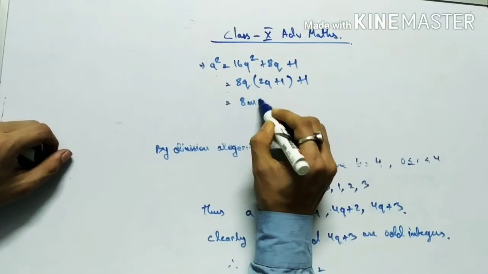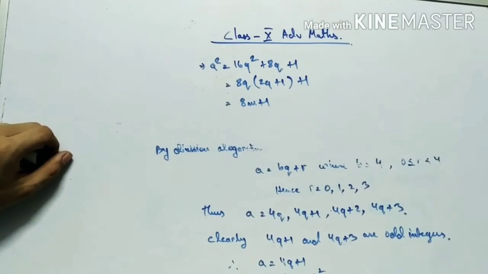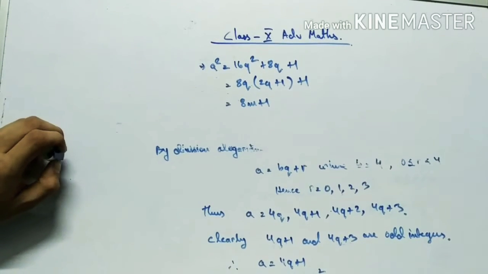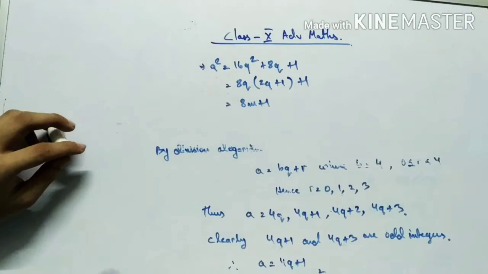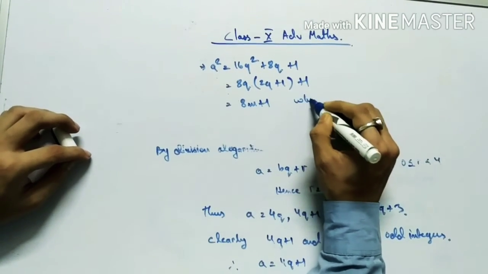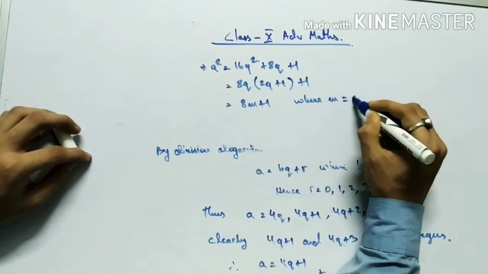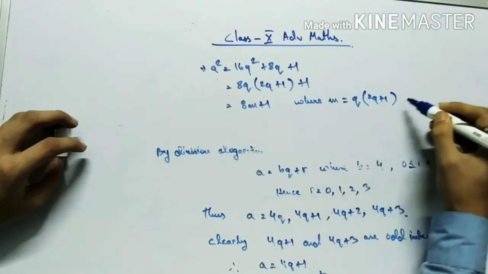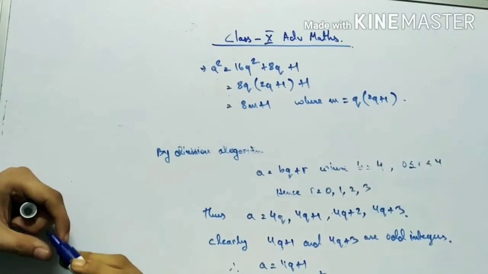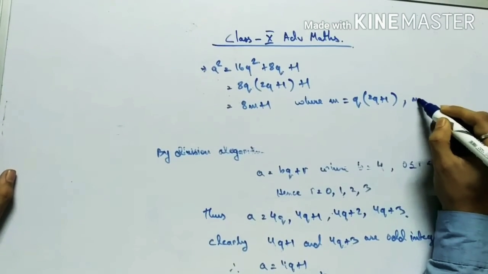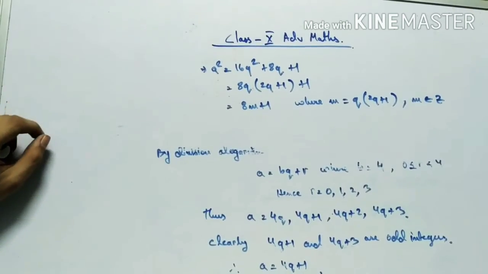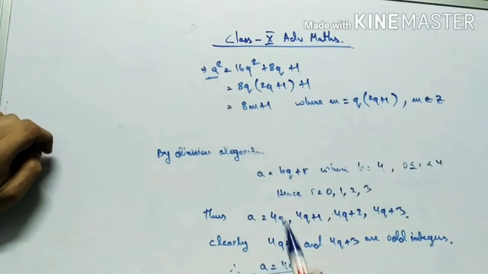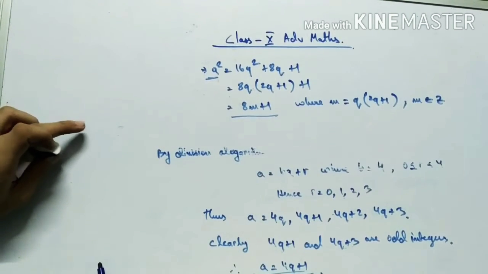So this I can write as 8m plus 1, where m equals q times 2q plus 1, m belongs to Z. So therefore I showed that the square of an odd integer can be expressed in the form of 8m plus 1.